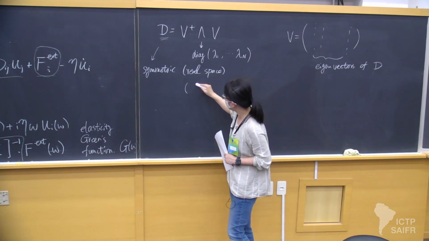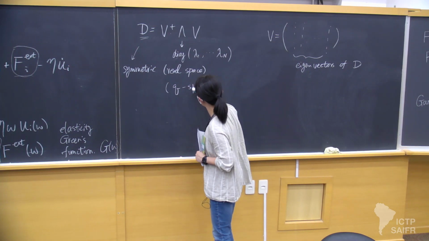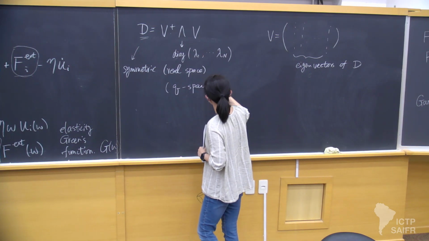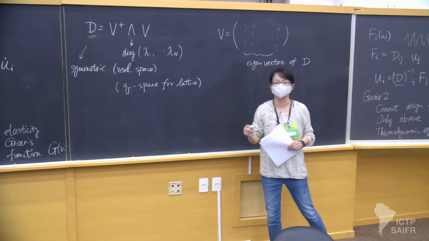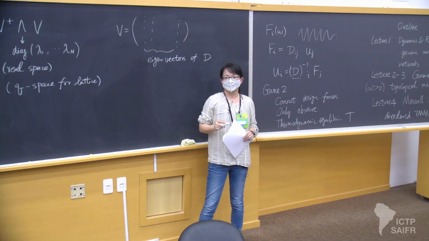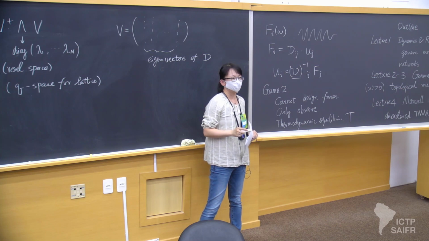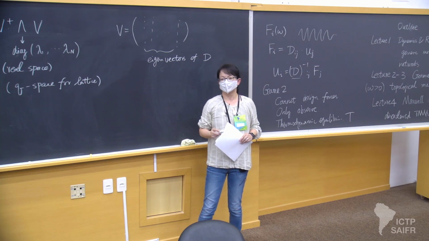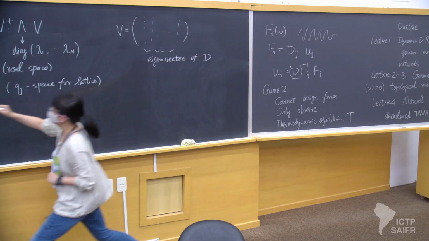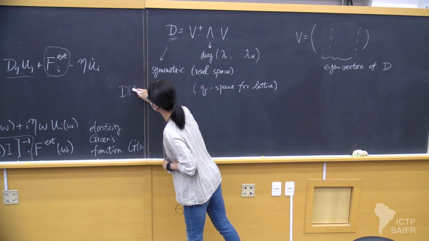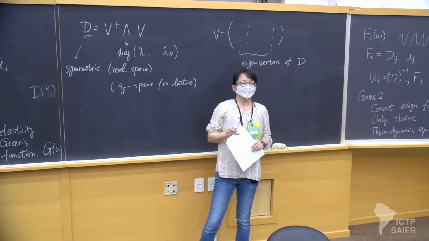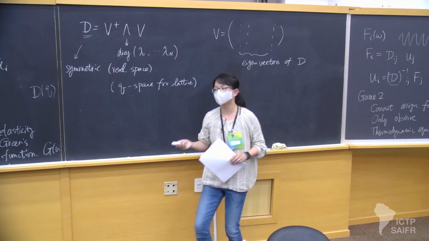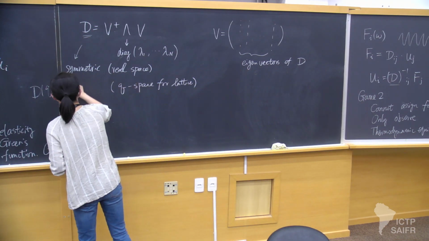If I write it into Q space for lattices, what kind of matrix is D? If I write it into D of q, it's Hermitian, yes, that's right.